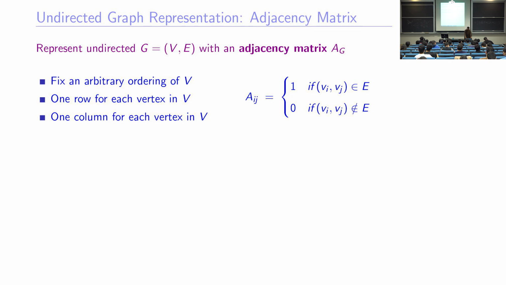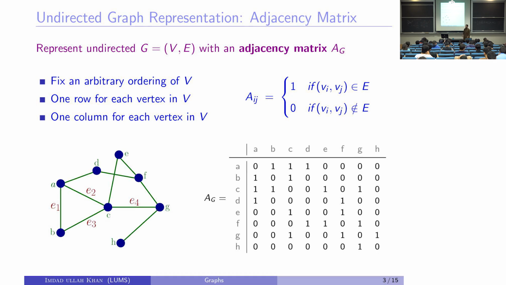This is a binary matrix, a 0-1 matrix. Each entry is either 0 or 1, and if ij is an edge, in the ith row and the jth column I put a 1, and also in the jth row and the ith column, right? So it's an undirected graph. So, okay, look at this graph.